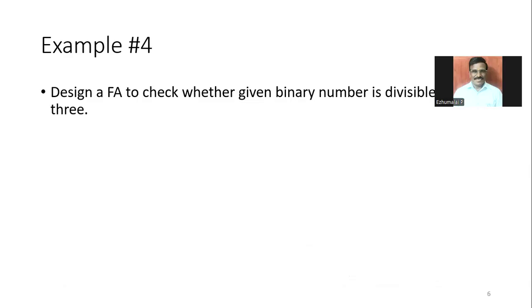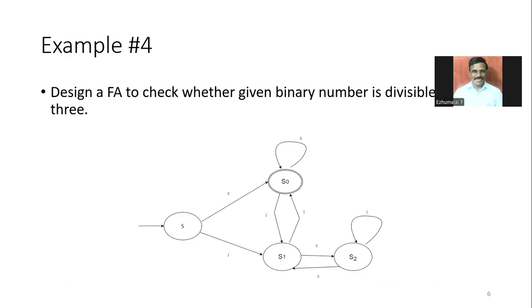Example 4. Design a finite automata to check whether the given binary number is divisible by 3. If the input number is divisible by 3, the input will be accepted, having reached the final state. If it is not divisible by 3, the input does not reach the final state. S0 is the starting state. If you give input 0, it goes to S0, and again 0 goes S0 to S0. If you give 1 in S0, it goes to S1.